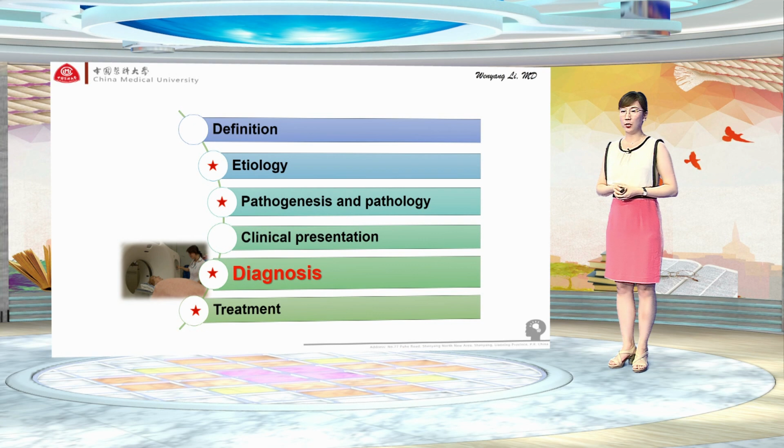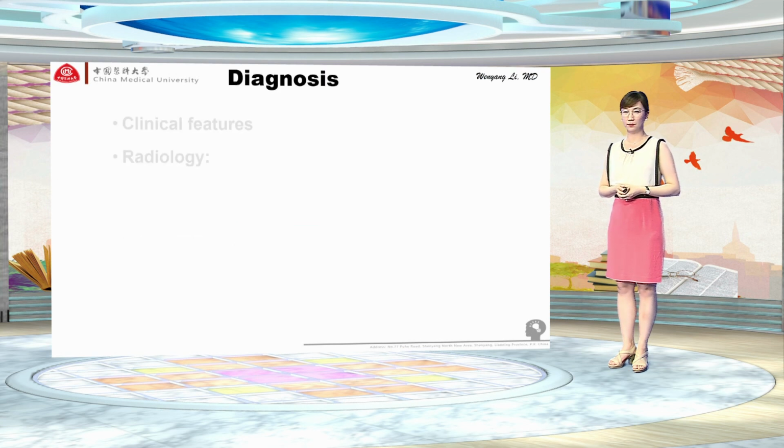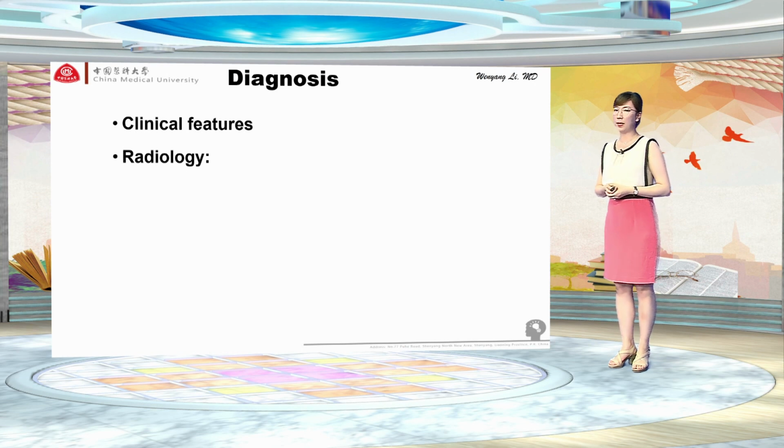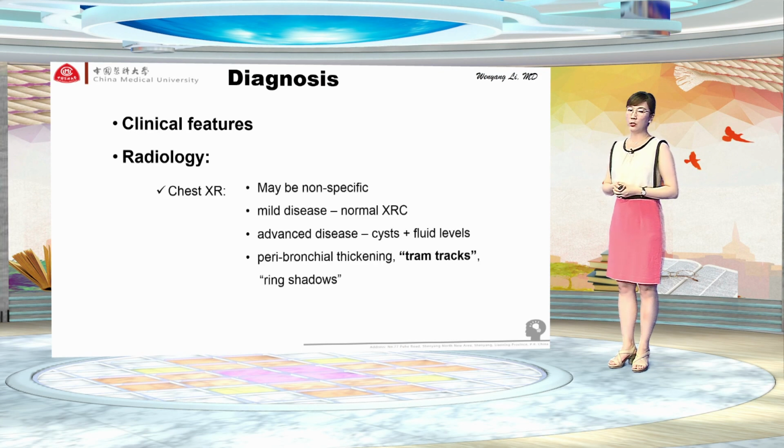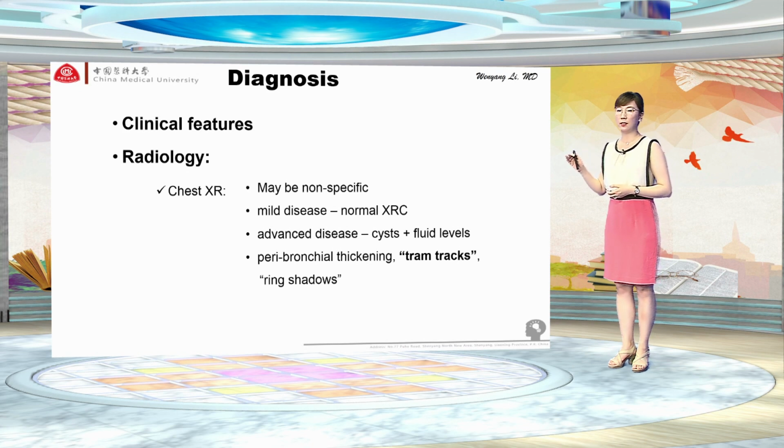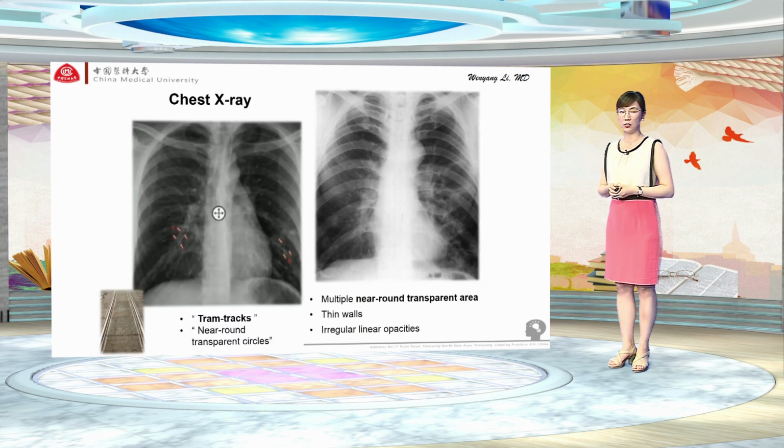Then let's move on to the diagnosis of bronchiectasis. The diagnosis is usually based on presentation with a persistent chronic cough and sputum production, which is accompanied by consistent radiographic change. Although the chest X-ray is non-specific for bronchiectasis, the presence of tram tracts or ring shadows strongly indicates that the airway is dilated, and it is consistent with bronchiectasis.